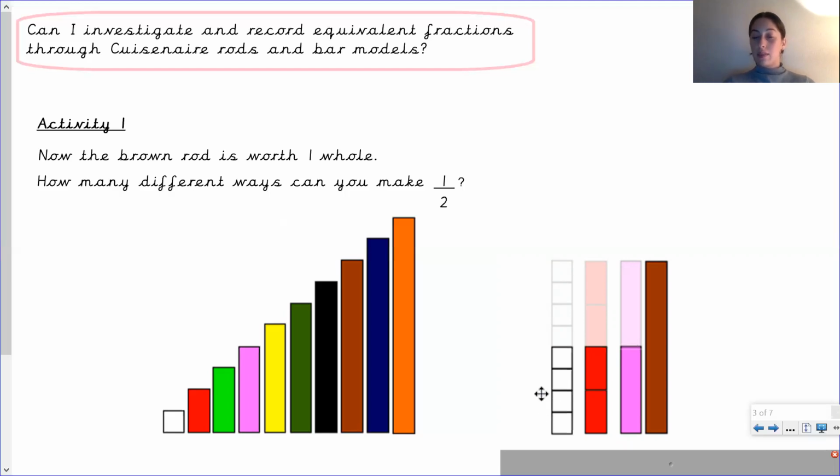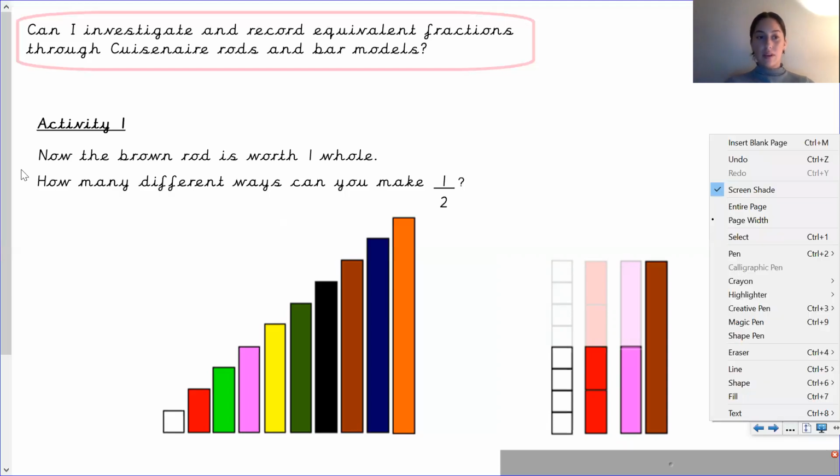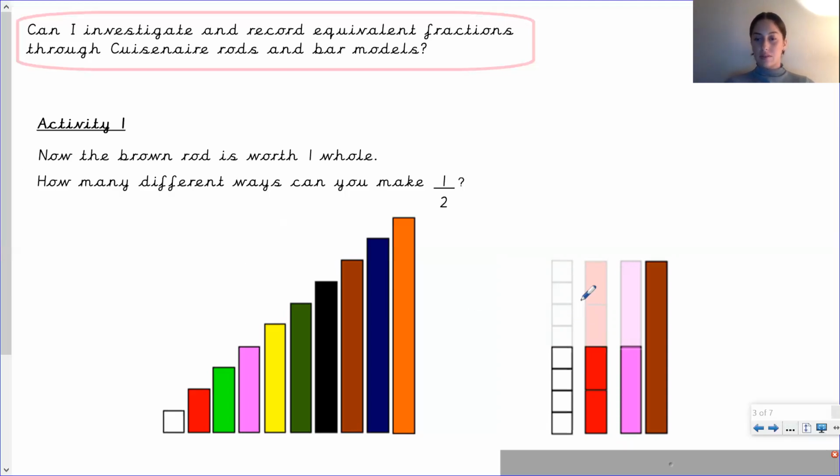Also, 4 white rods could also represent 1/2 because they also come up to the same place. If we were to write fractions about each of these, what would the fraction be? Pause the video and write fractions for each of the white, the red, and the pink rod.